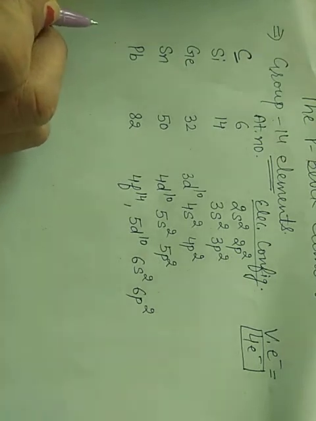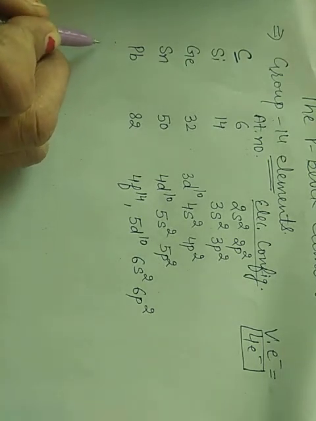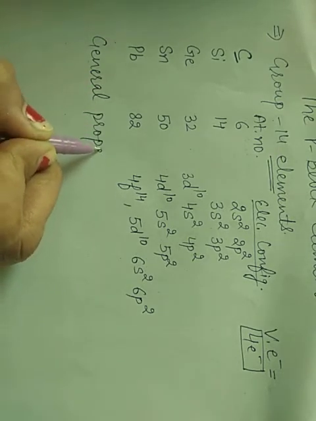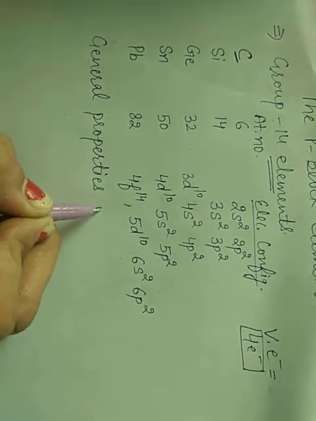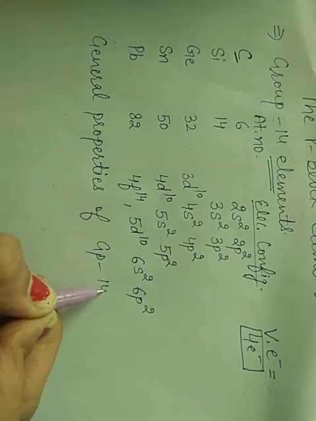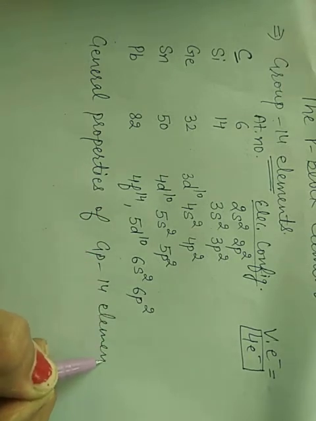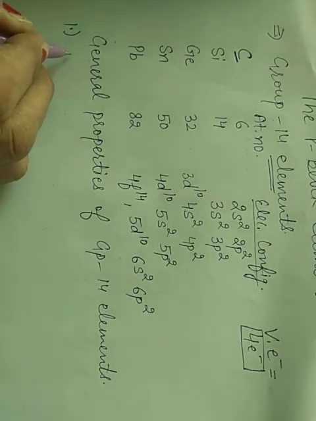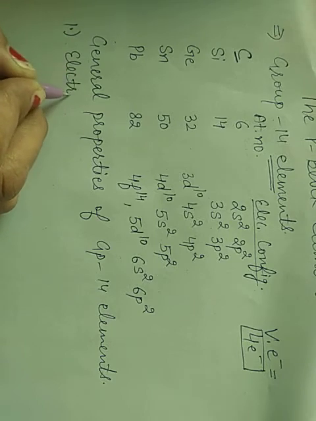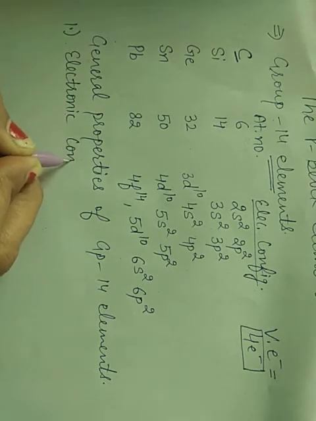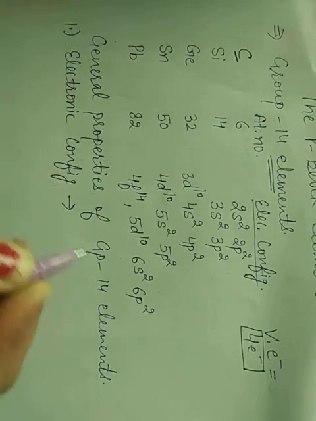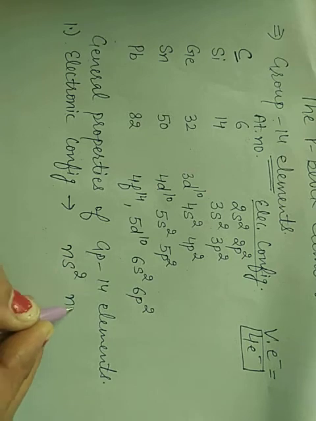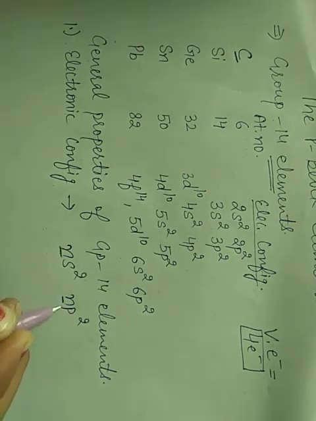Now the next topic is general properties of group 14 elements. First property is atomic property, that is electronic configuration. In electronic configuration, the general form is ns2 np2. n is the number of shells.